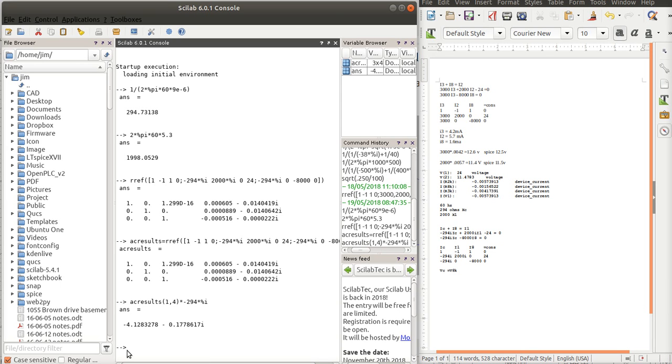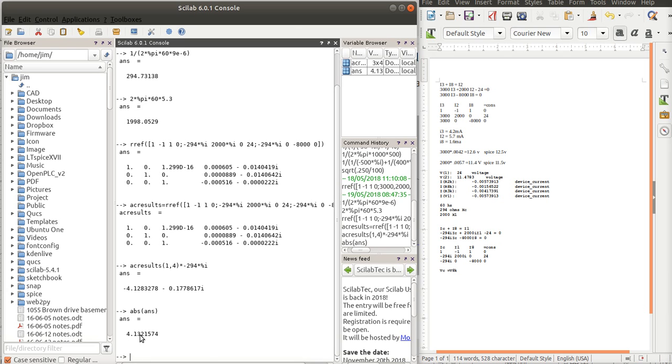We want the voltage that the voltmeter will actually read, so we don't need the imaginary part, we need the absolute value. So if I just type the absolute value of the answer, it tells me it's about 4.13 volts. So this should come up to be about 4.13 volts.